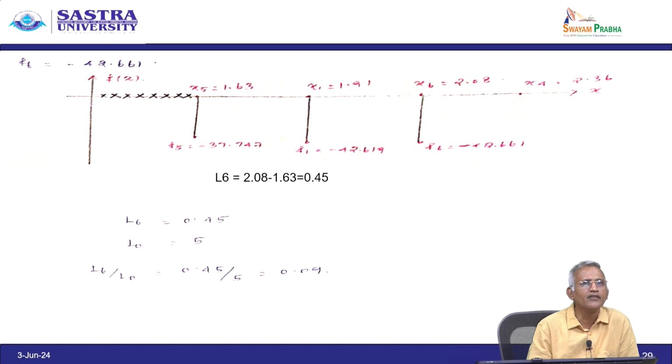Now, we have F6. So, F6 is minus 42.661, which is f of x6.